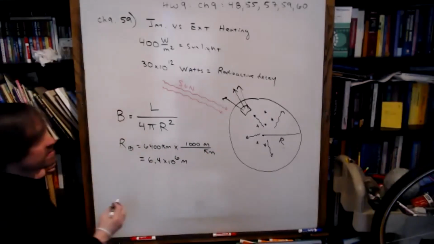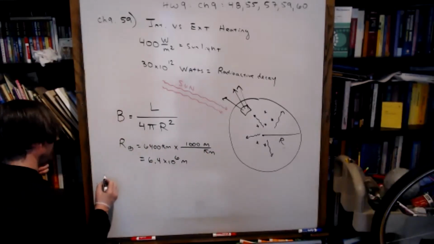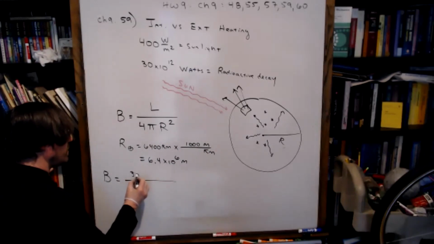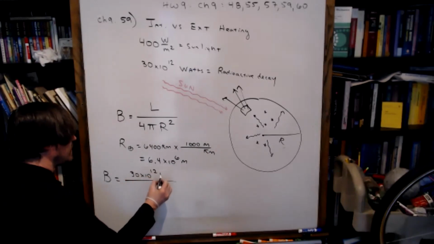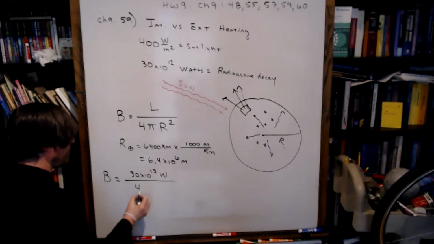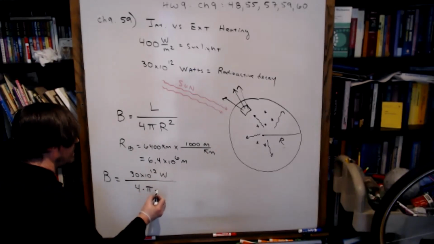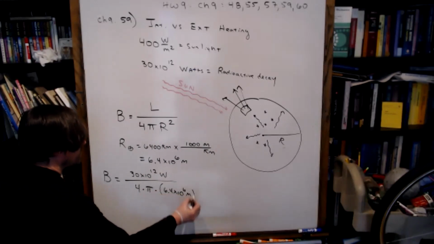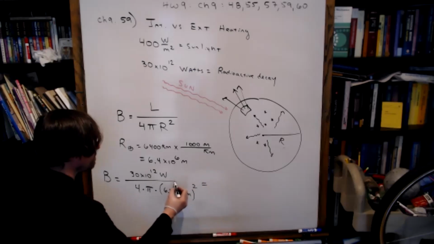I'm going to accelerate this program a little bit here. So the brightness would be 30 trillion watts divided by 4 times pi times 6.4 million meters squared.